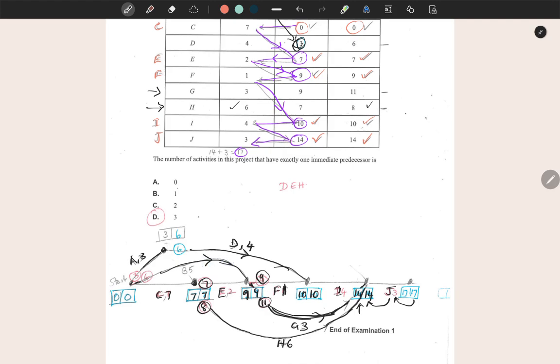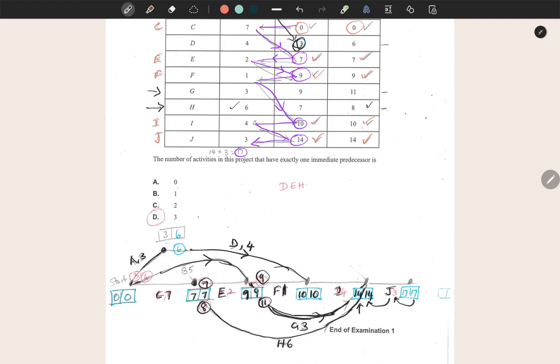And so if you take off from the end of E, backward scan, 9 take away 2 will give me 7, and so we did that previously, and so we chose 7 being the smaller value.